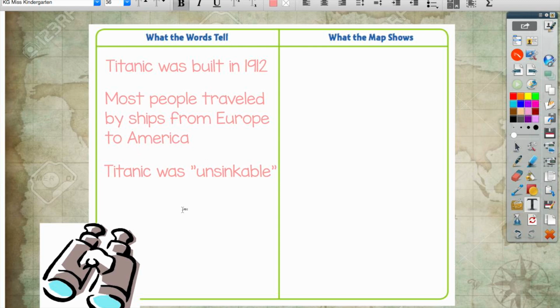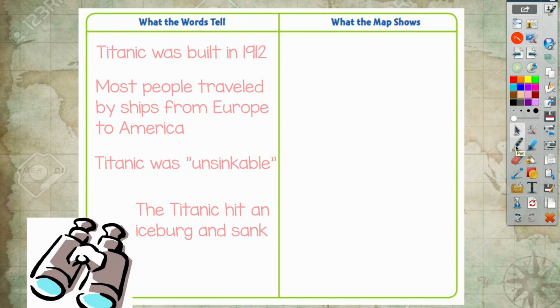And then lastly, I'm going to include that the Titanic hit an iceberg and sank. These are 4 great details from my passage, and now we're going to move on to what the map shows us.